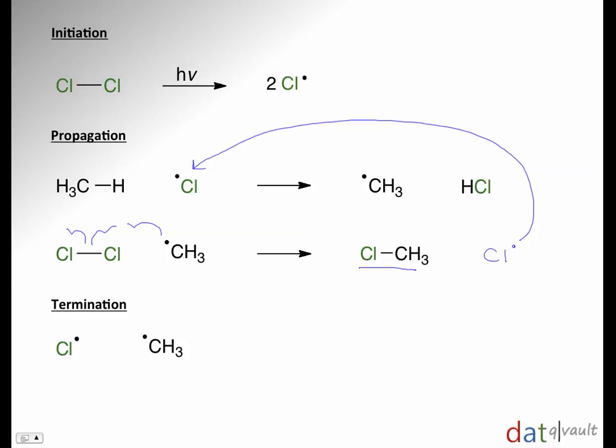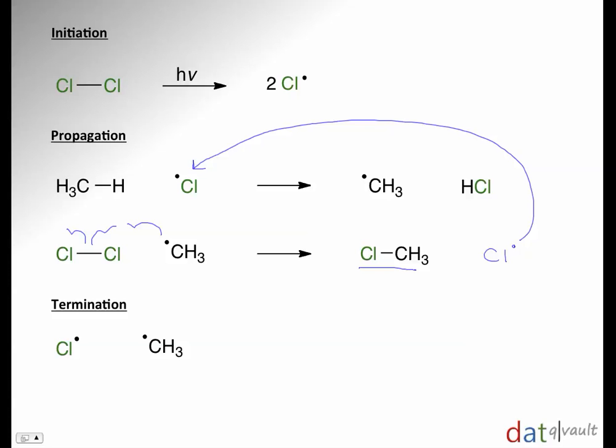The last step is going to be called the termination step. So once we've kind of, I guess, exhausted a lot of our chlorine, there might be more chlorine radicals in solution to react with methyl radicals.